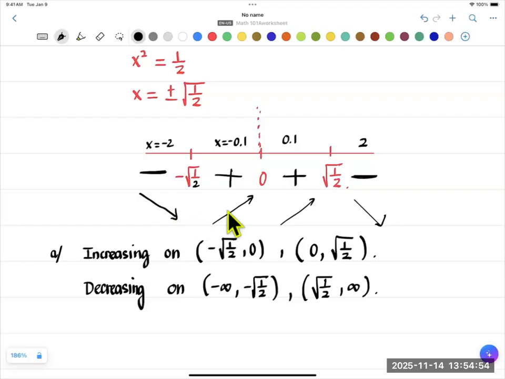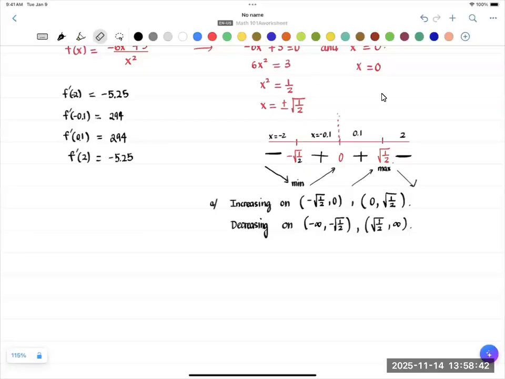Now, because the derivative is changing direction, you will have a relative min and a relative max at the critical values. So because there's a change of sign of the derivative, we have the min and the max.